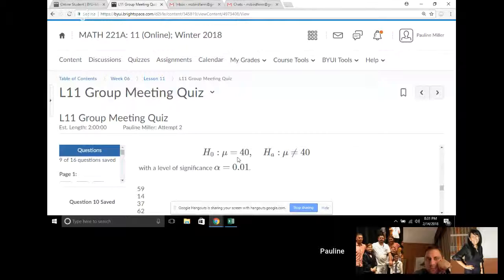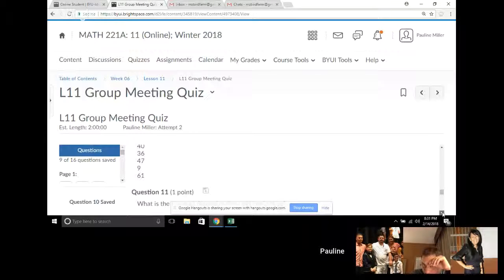I've been tutored a couple times this week, and she said, if you're looking for an alpha of 0.01, what percentage are you looking for? And if you're looking for an alpha of 0.05 or 0.10, you know that you're looking for 95 or 90%. This is just a simple way for me to understand it.